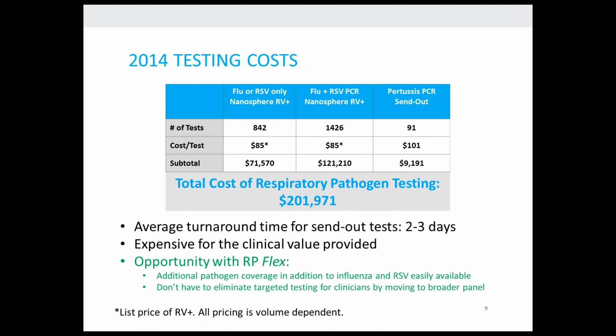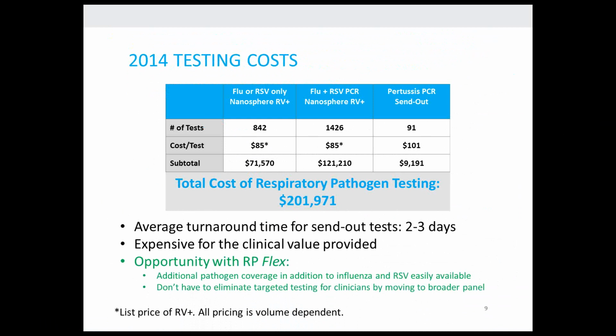So 2/3 of our patients actually ordered both tests, the flu and RSV. And also I will say the prices that I put on here are some of the list prices and not our specific pricing, or what your pricing would be. So then we also noticed that about 1/3 of our tests were ordered just as flu or as RSV alone and not a combination.